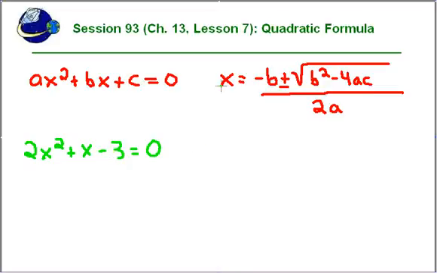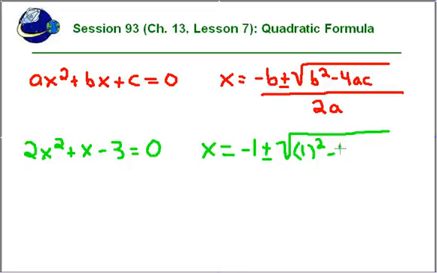So let's go ahead now and solve this quadratic equation using the quadratic formula. Let's rewrite x equals, we now need to determine what minus b is. Well, b is 1, so minus b is minus 1. Then we're going to have plus or minus, and then the square root of b squared. Well, b is 1, so we need to square that.